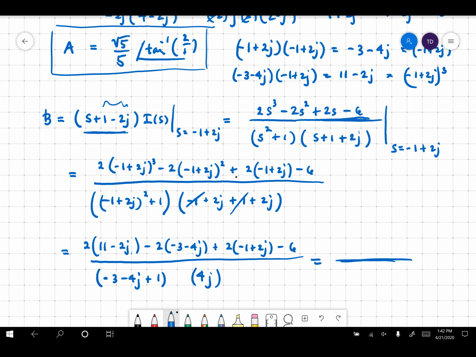So let's get the real part first. So I have 22, and then I have minus 2 times minus 3 plus 6. Then I have minus 2 and then minus 6. That's the real part. Let's get the j part.